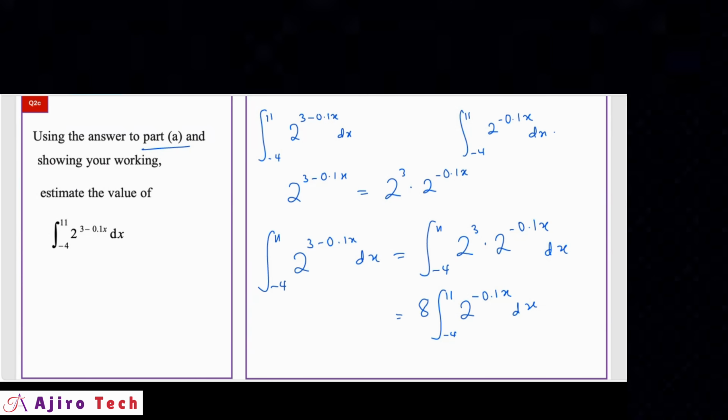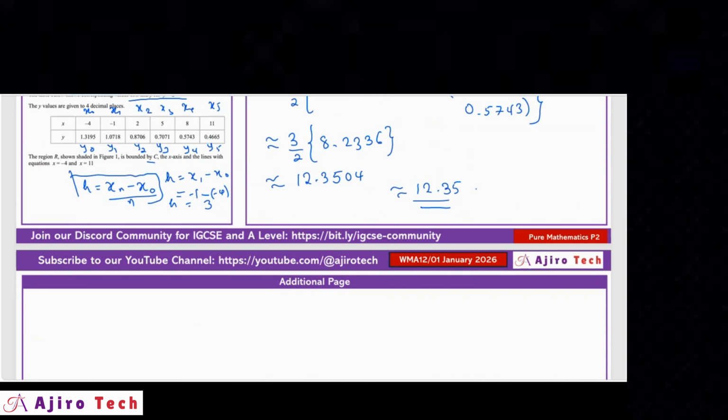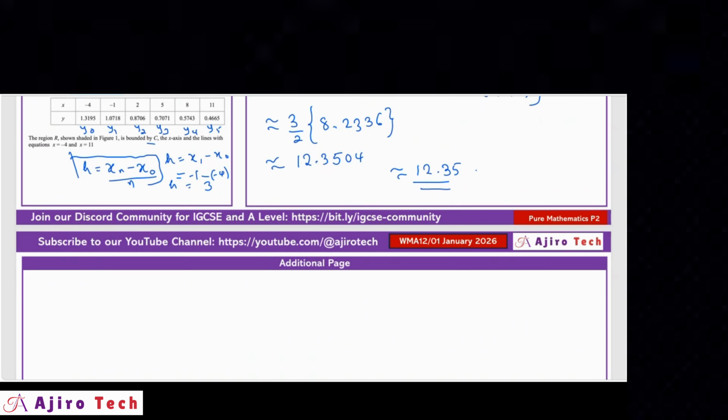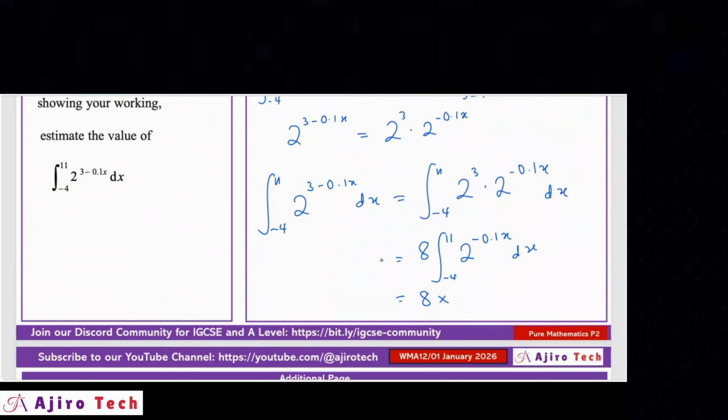Okay, so definitely we have this to be 8 multiplied by, what was the answer we got for this? Let's go back to check that. We had 12.3504. So we can decide to use 12.35, it's fine.